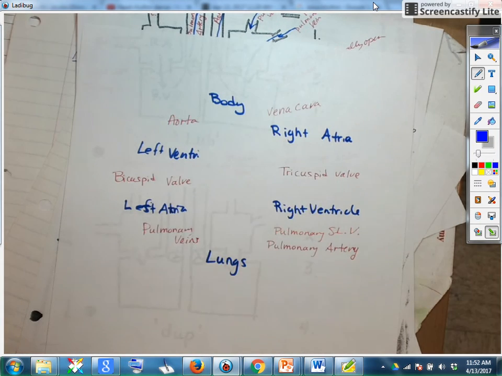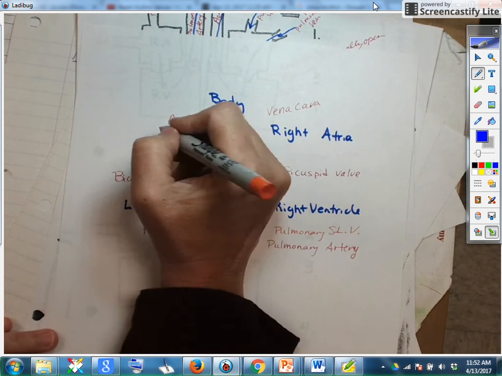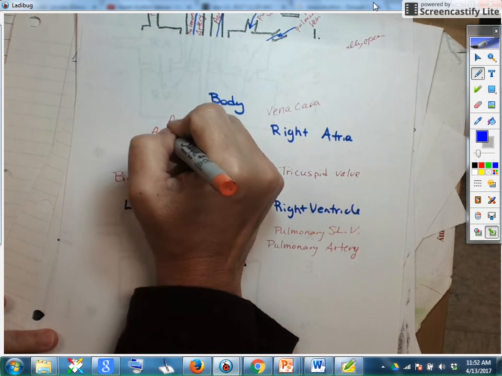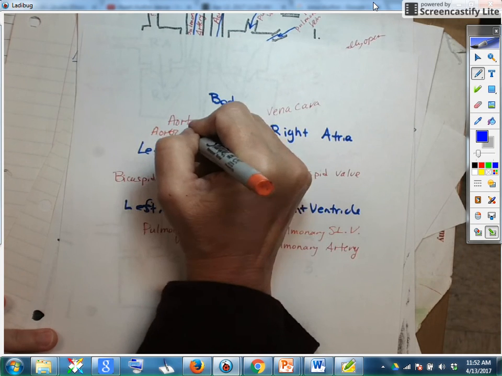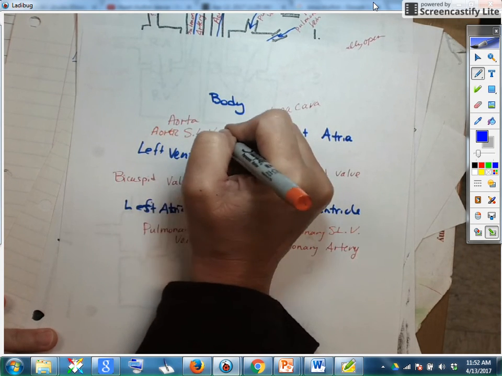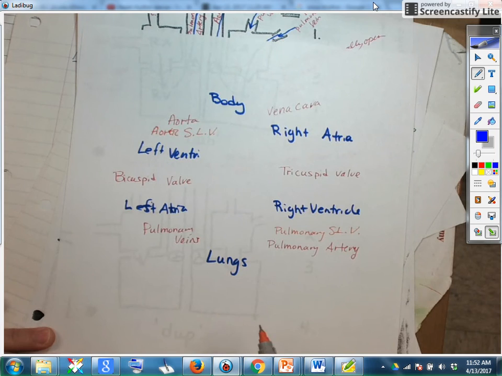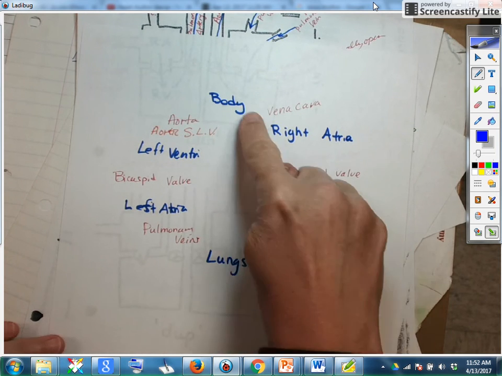It goes through the aorta. But before it goes through the aorta, it has to go through the aortic semilunar valve. So here is a basic breakdown of how blood travels through the heart.